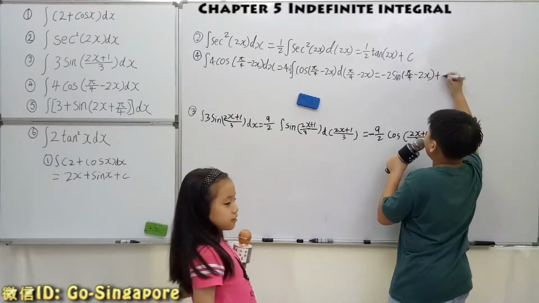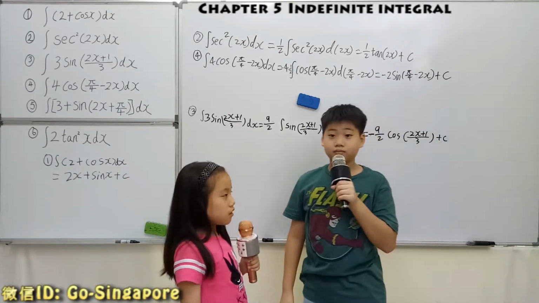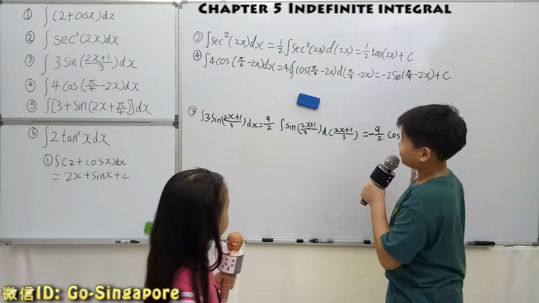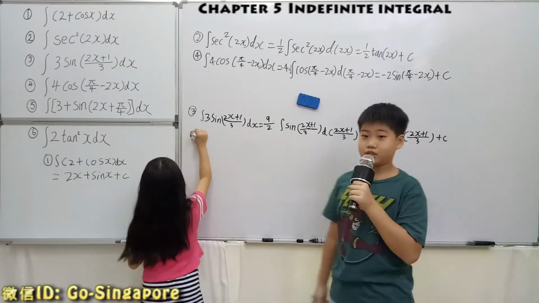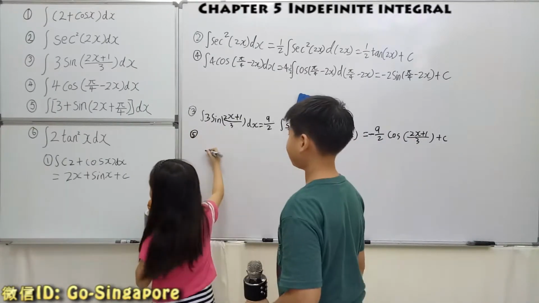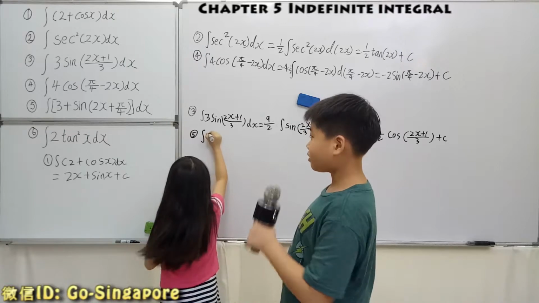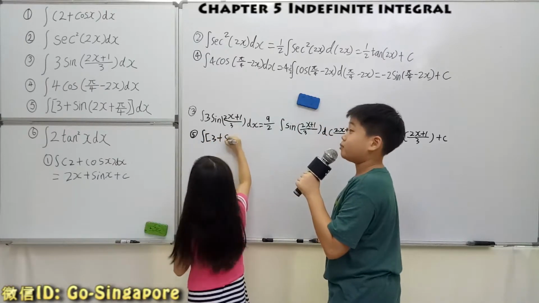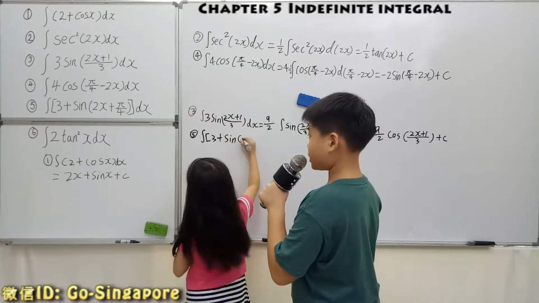Is it too fast? No. Okay, good. Next, on to the 5th question. Number 5, please read out the question. This is the integral of (3 plus sine (2x plus pi over 4)) dx.